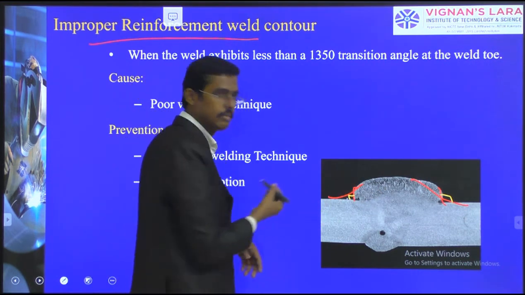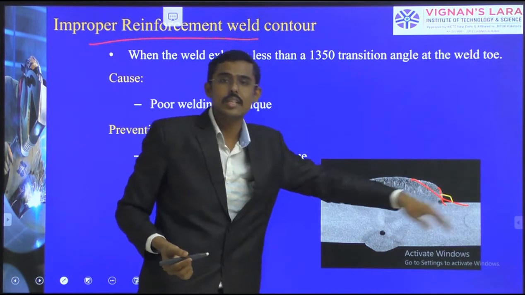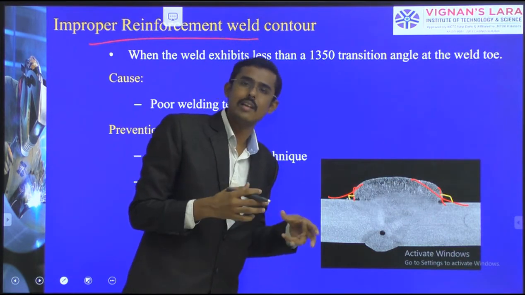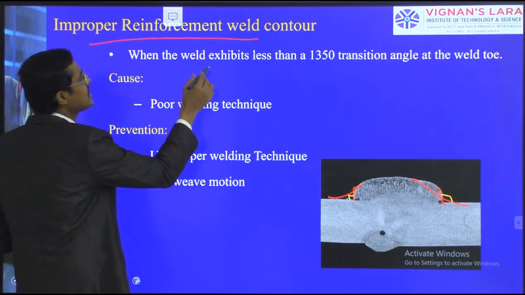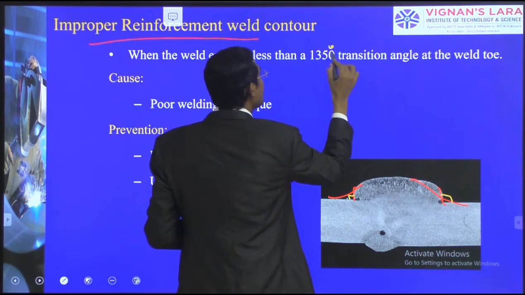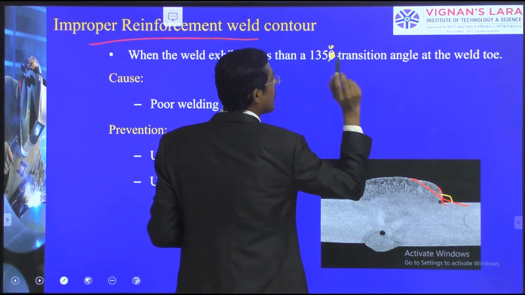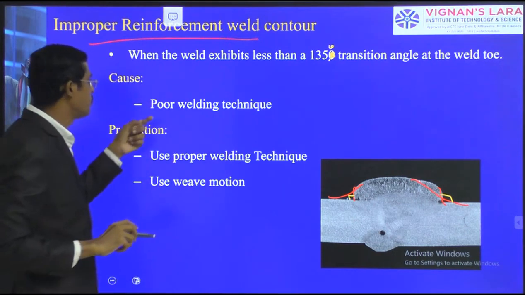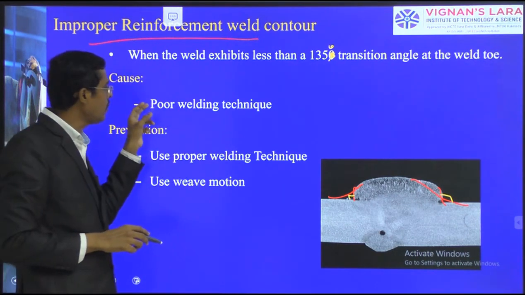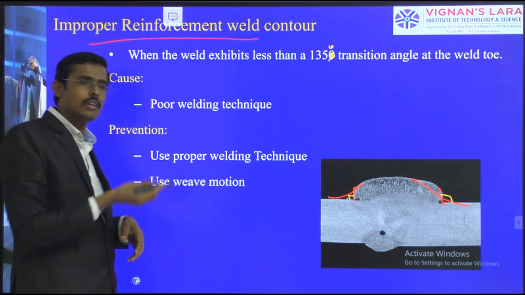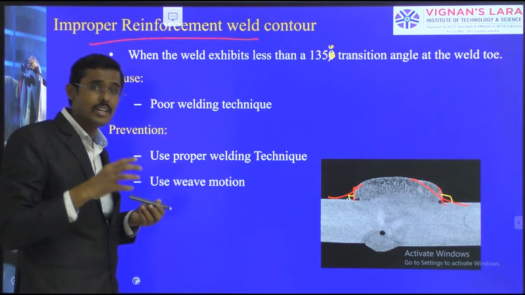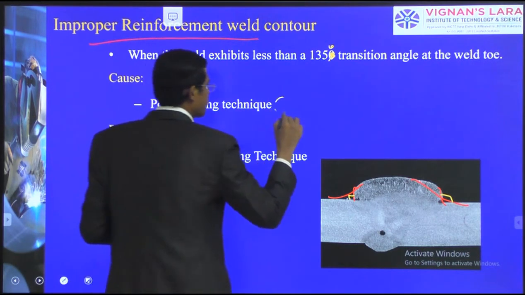It should be blended. So if it is smooth, then the stress concentration will be less there. When the weld exhibits less than 135 degrees transition angle at the weld toe, it is caused by poor welding technique. So we have to do it smoothly. Welding methods, tricks, welder skill is important here.